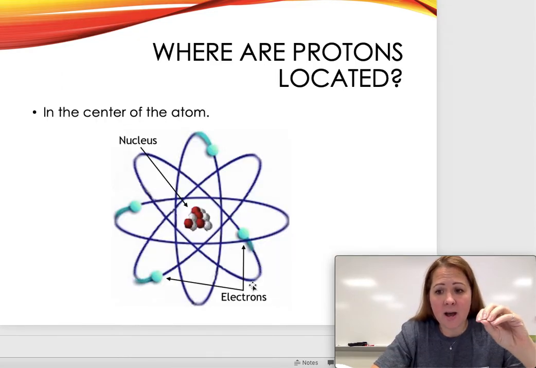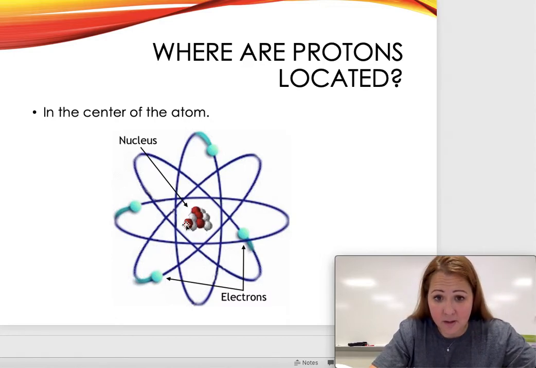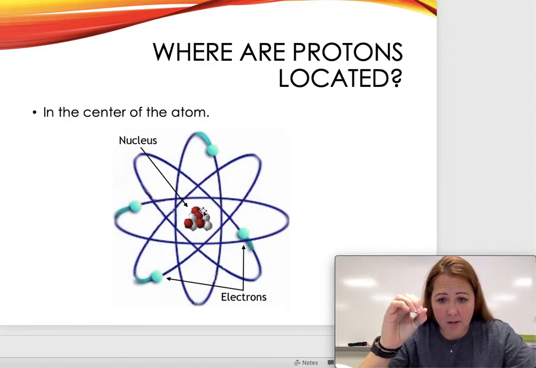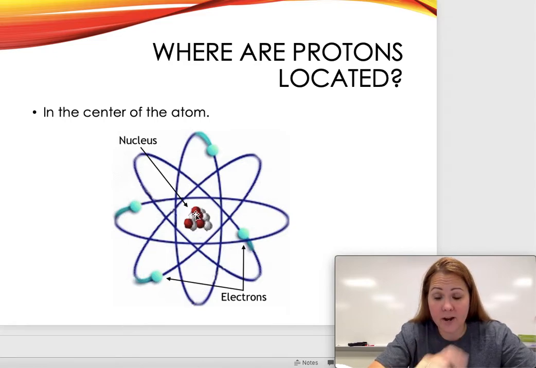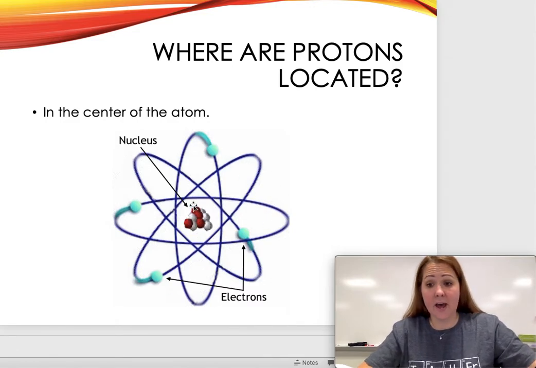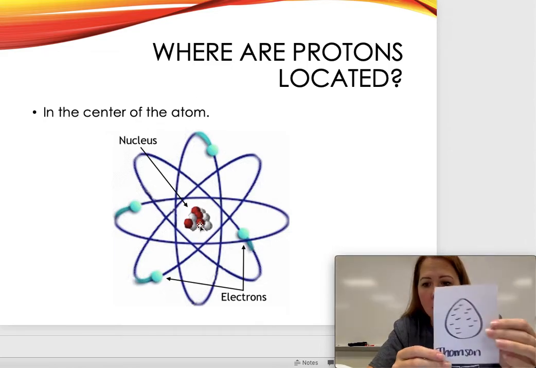But what he figured out was that inside of the atom, there's a nucleus. And the nucleus is super, super compact in the middle. This is showing two different parts in the nucleus. We only know about one of them right now. But he hypothesized that you have the electrons on the outside and they're still scattered. This picture isn't the greatest, but it's the best that I could do.